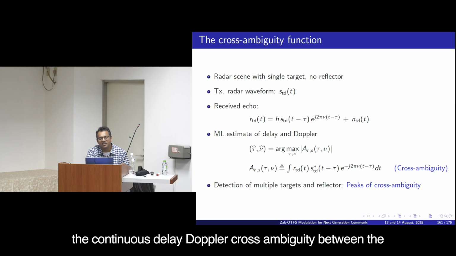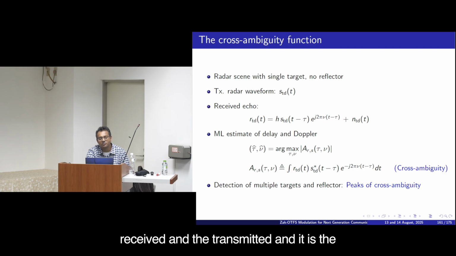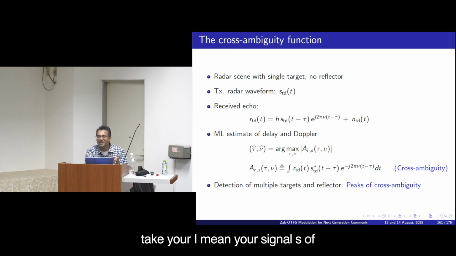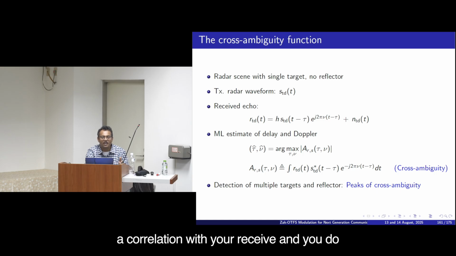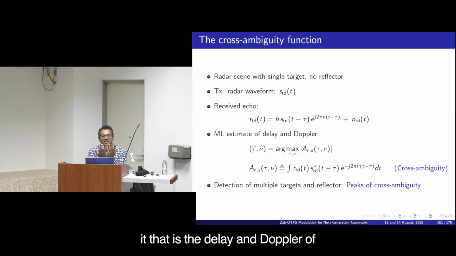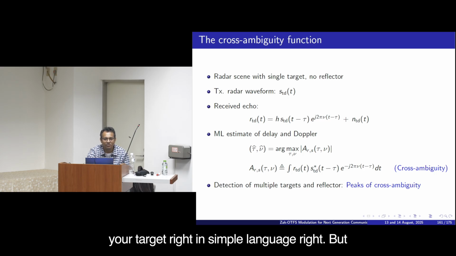This is the continuous delay Doppler cross ambiguity between the received and the transmitted signal, and it is the same as the discrete one. You take your signal s(t), delay it by tau and give a Doppler shift, then correlate with your received signal, and do this for different values of delay and Doppler. You see which value of delay and Doppler gives the maximum correlation, that is the delay and Doppler of your target, in simple language.